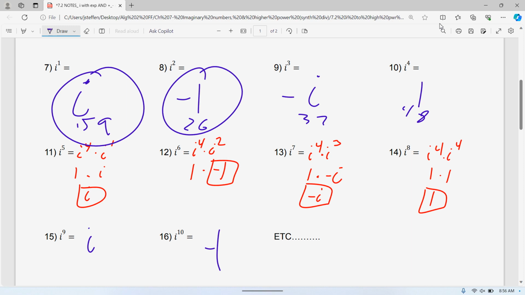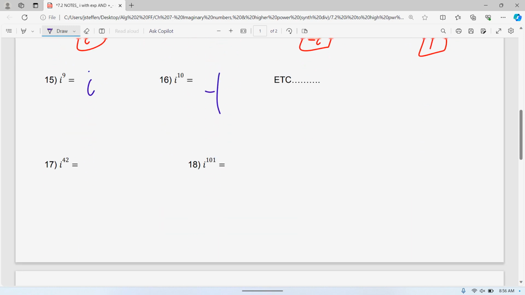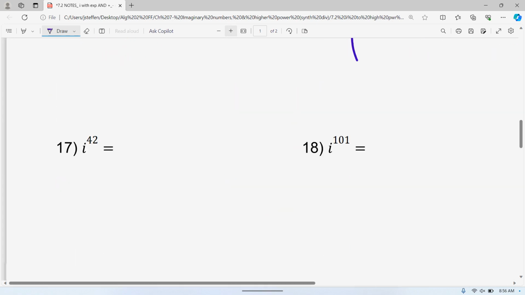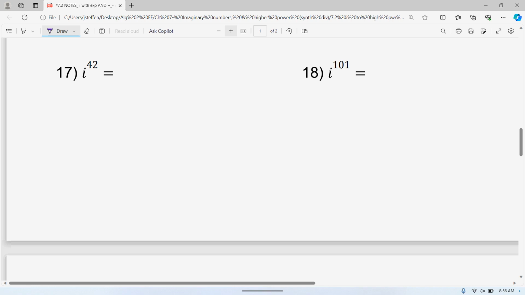You're always going to start with that i to the 4th. So when we have something like this, the easiest way to do it is realize that if your exponent is divisible by 4, it's going to be 1.